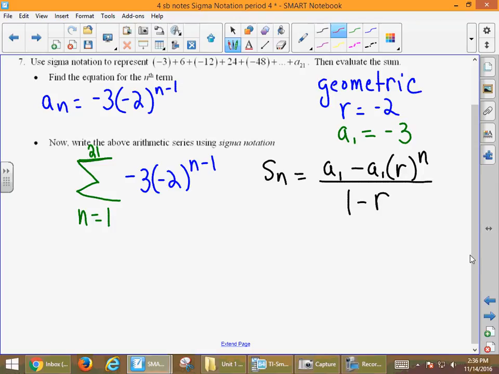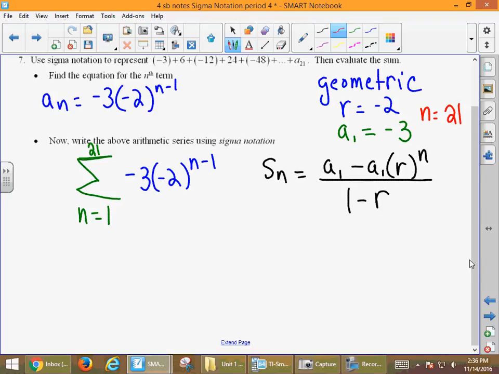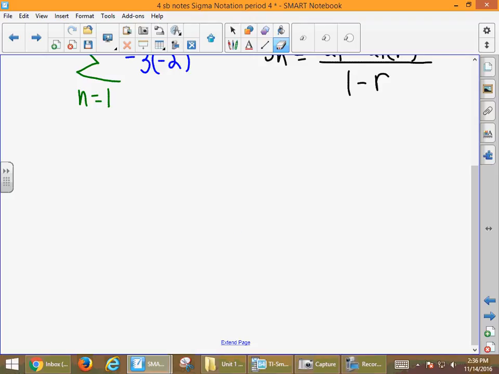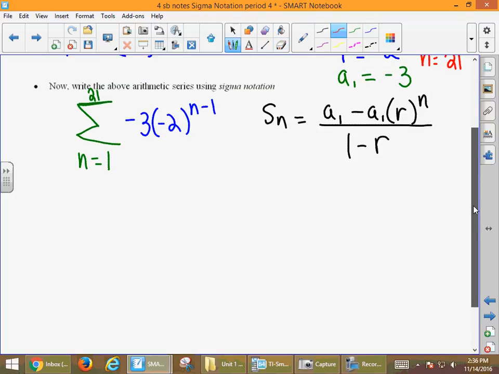So now that we have a refresher of that, we need one more value in our list. We've got our common ratio, we've got the first term, and we need to know n, but we're evaluating it for the first 21 terms. When we fill this in, hopefully you have enough space on your paper.